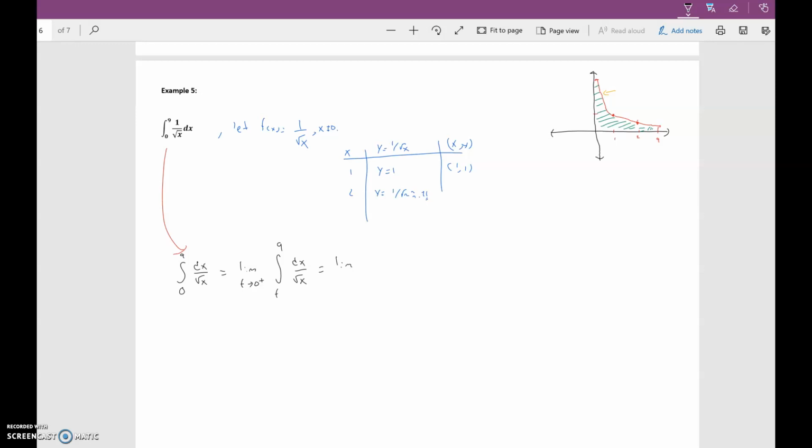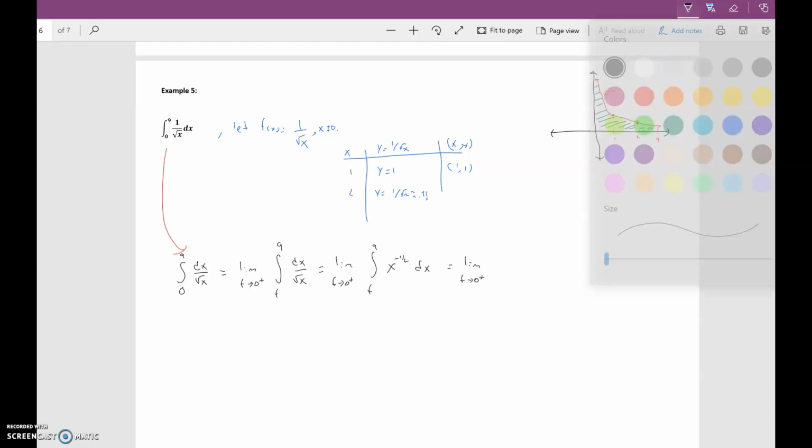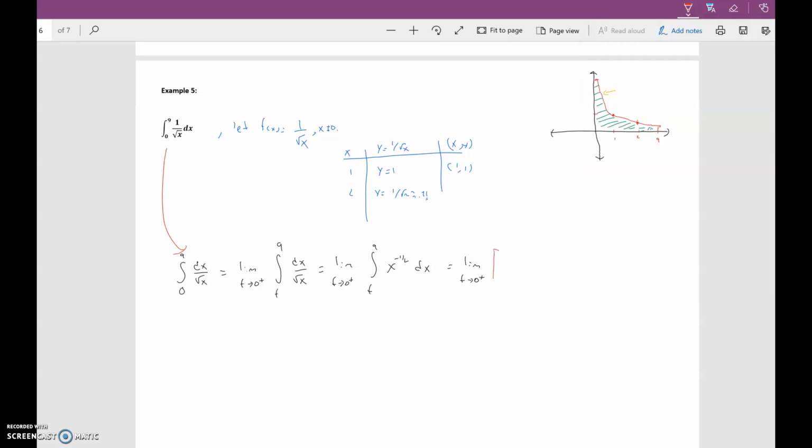So this is going to be the limit as t approaches 0 from the positives of the integral from t to 9 of x to the negative 1/2 dx. And evaluating this integral, we're going to have the limit as t approaches 0 from the positives of the following value.